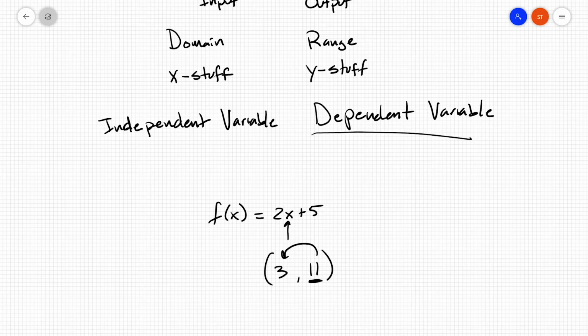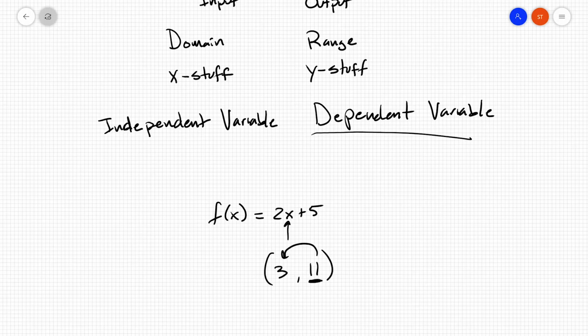So the y variable, the output variable, is the dependent variable because it depends on what you plug in for x. Not that that's such a huge deal, but in story problems it can be kind of nice when we're trying to figure out what quantity to be the x quantity and what quantity to be the y quantity. Like if we're talking about the cost of, say, a taxi ride.